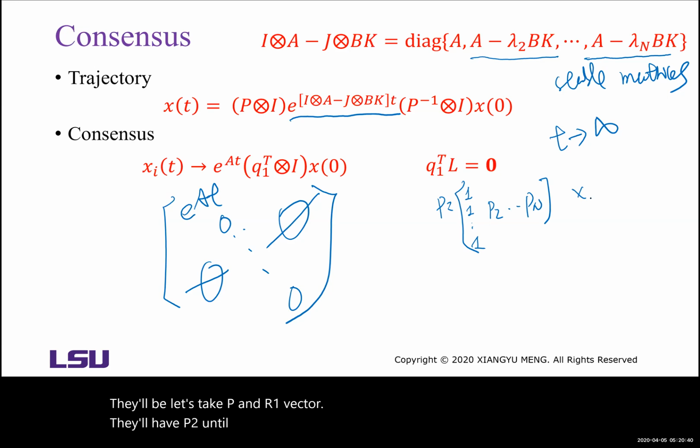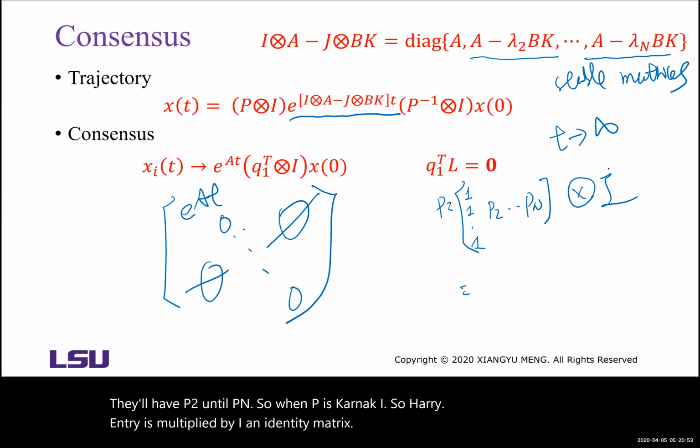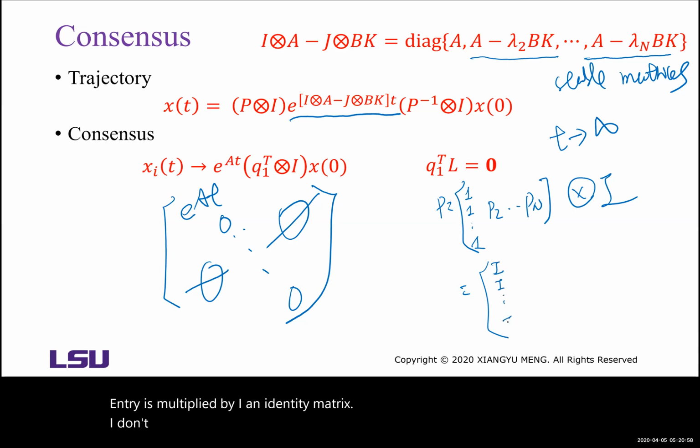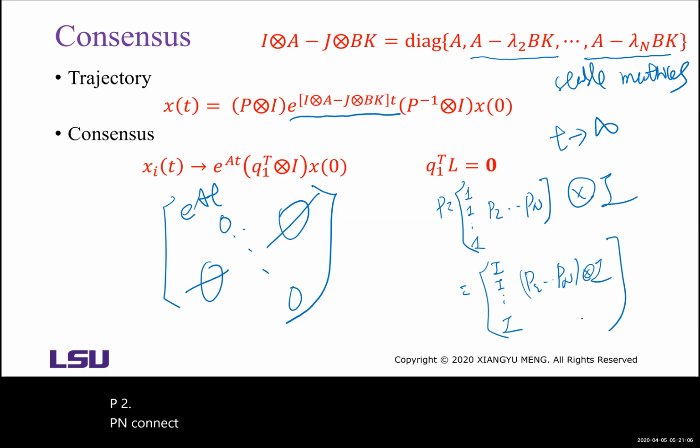When P is Kronecker I, every entry is multiplied by I, an identity matrix. So here the identity matrix, then P2, Pn, Kronecker I, identity matrix.